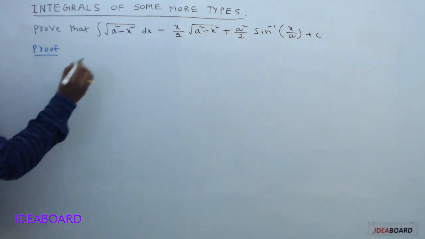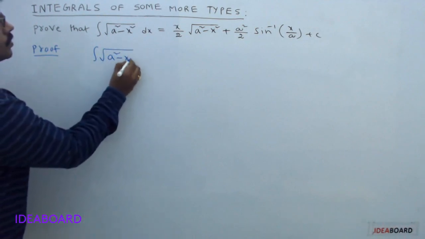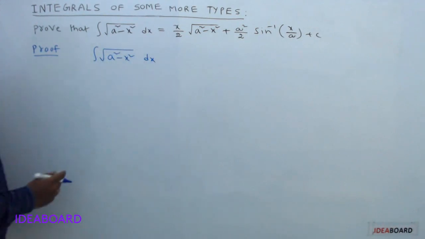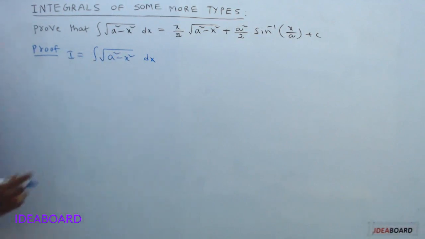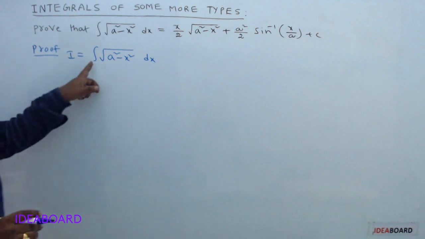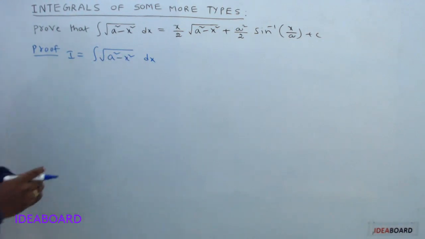Take the LHS part. It is integral square root of a square minus x square dx. Now denote this with I. Let I equal to integral square root of a square minus x square dx.